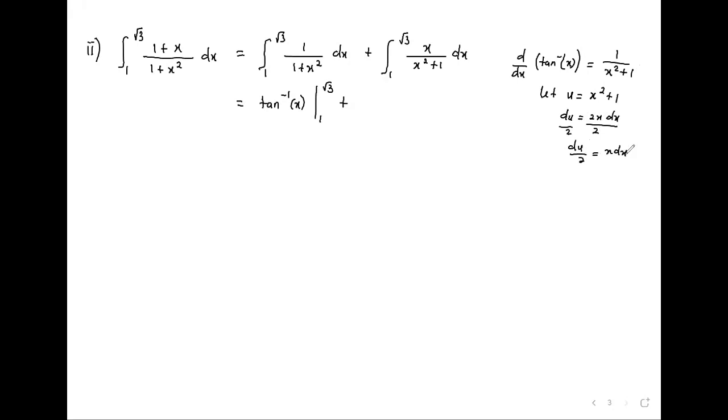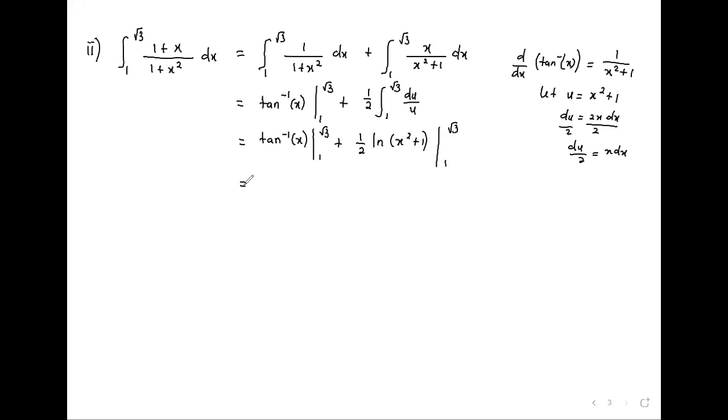So here we are having 1 over 2 integral of du over u. So that our integral then is 1 over 2 ln of x squared plus 1, from 1 to root 3.